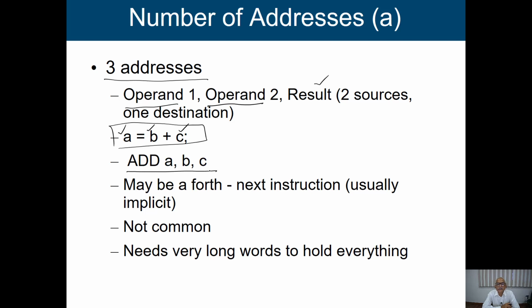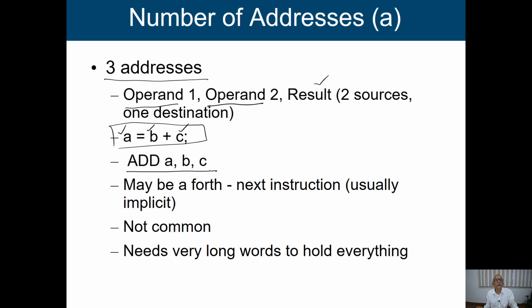In general this is implicit, as you have already mentioned, so we don't specify it in general instructions, but for some conditional instructions we have to give this information too. It is generally not common because we need a very long word to hold all the information for 3 operands. So generally we do not do it, but for specialized operations we may.